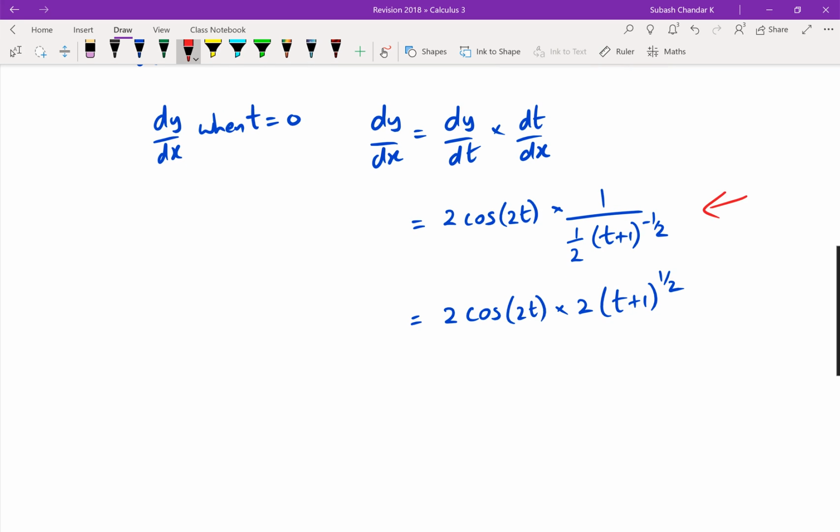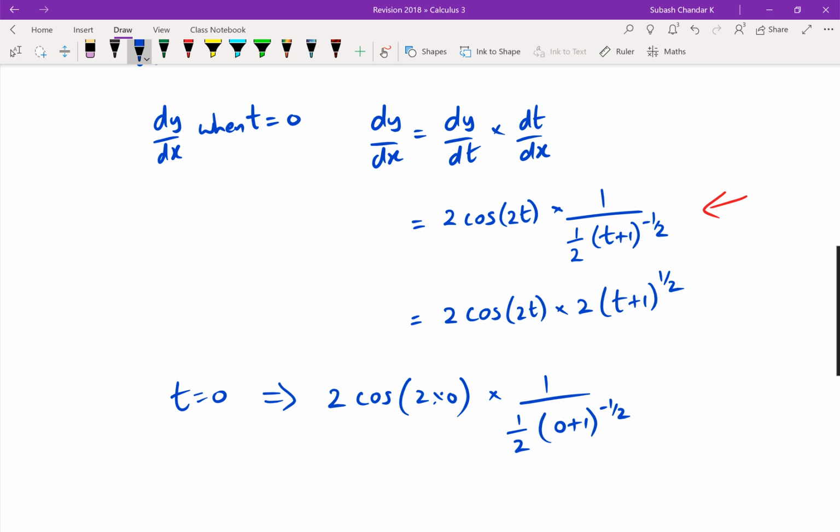Sweet. So now that we know that t is equal to 0, in this case, we're lucky because I'm just going to put this as when t is equal to 0. So I've got 2 cos of 2 times 0 multiplied by 1 over half times (0 plus 1) to the power of negative half. Now, in this case, we're lucky, guys.